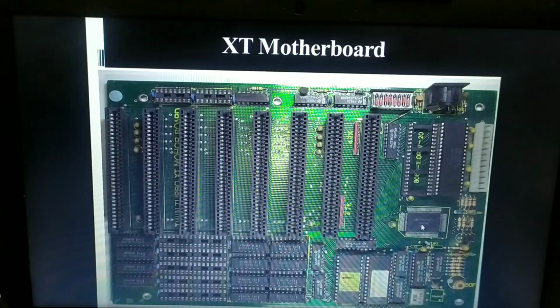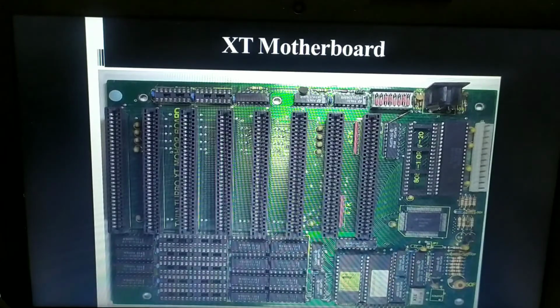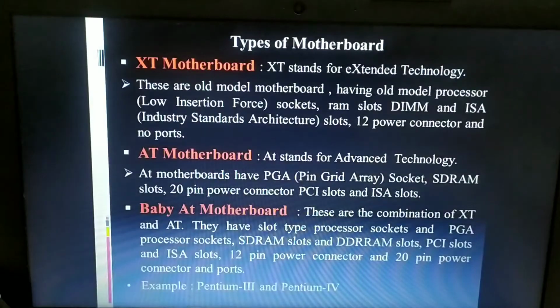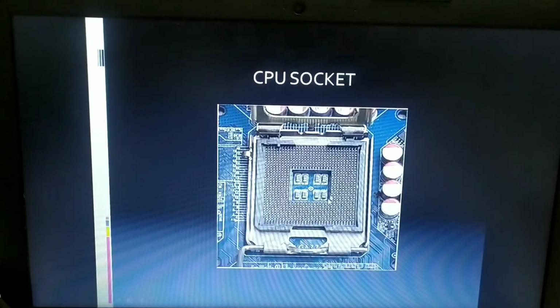That is what we are using: LIF, low insertion force sockets. Low insertion force means you just need to place the processor, and it has a latching system. Just place the processor and fix the latch. That's it. That is nothing but a low insertion force socket.